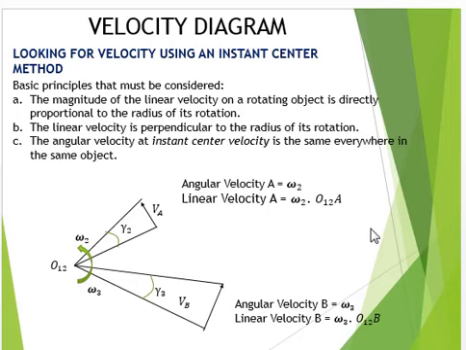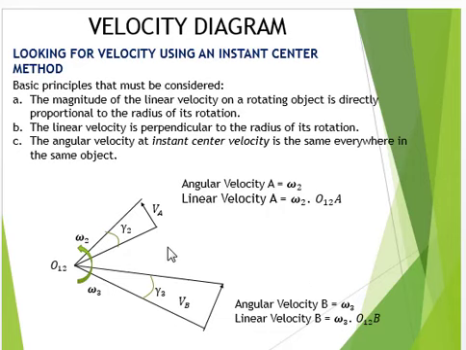It means the greater the radius of rotation, the greater the linear velocity. Now the second principle is that the linear velocity is perpendicular to the radius of its rotation.